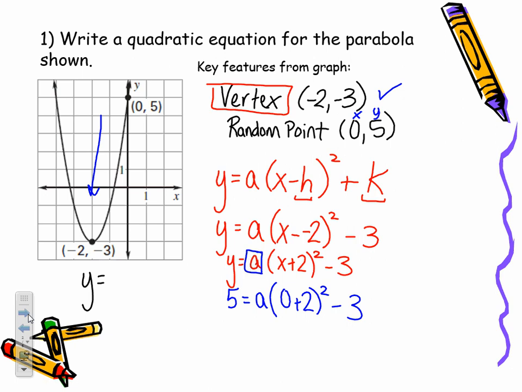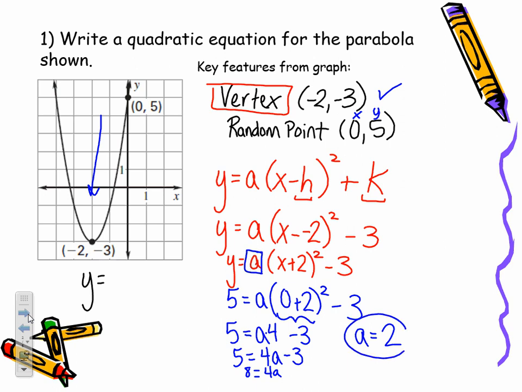So I have the 5, I have an a, 0 plus 2 is 2, so I'm calculating this, and squaring it is 4. That's a times 4 minus 3. That's the same thing as saying 5 equals 4a minus 3. So if I was going to solve this, you'd see I'd add the 3 over, and I'd get 4a equals 8. So a would be 2.